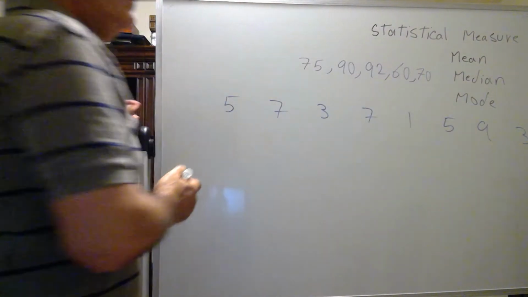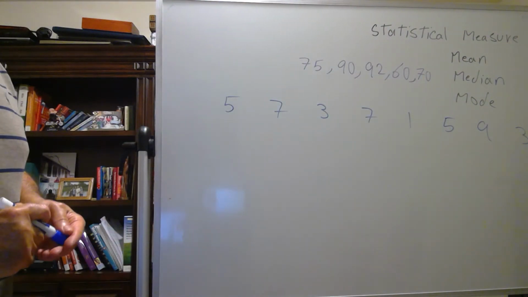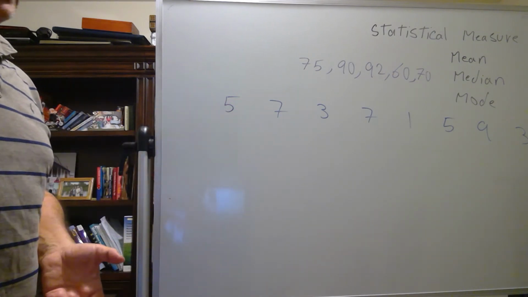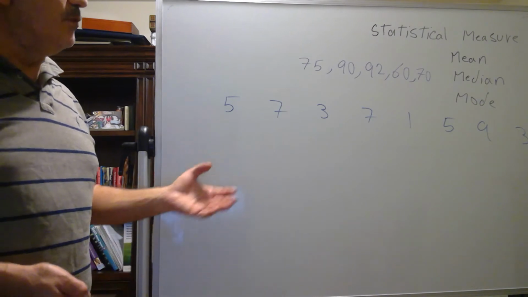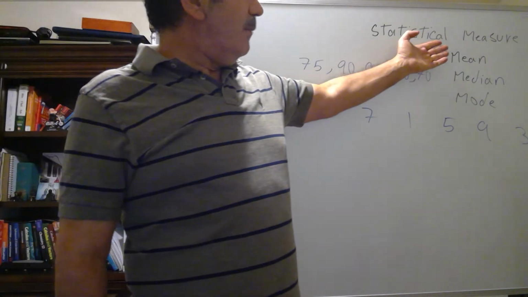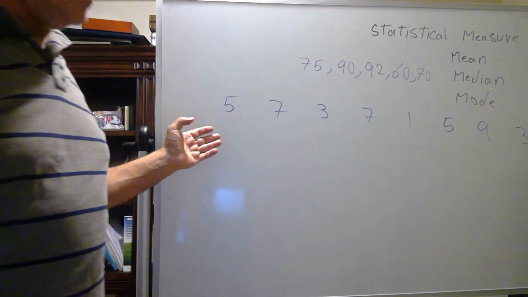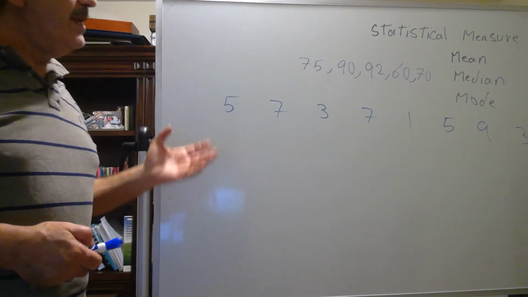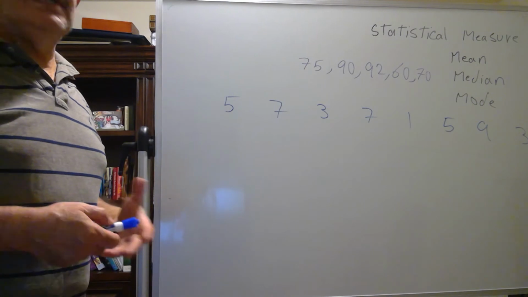For finding the mode, we don't need to arrange them. If you arrange, maybe it's going to make it easier, but it's time consuming. But if we need to find the median, we have to arrange them. If the data is not arranged, then just count which data is repeated most.